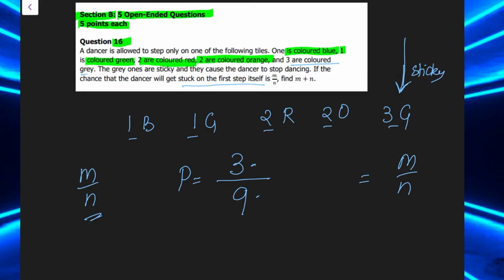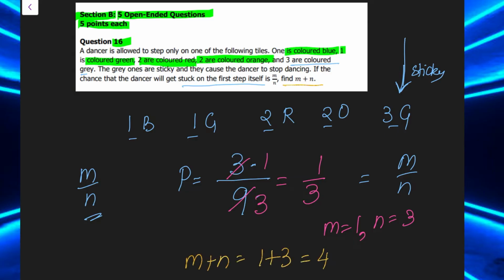Do not be tempted to do 9 plus 3, because we can always solve it further. So we can divide this by 3, this is 1, divide this by 3, this is 3, and this is the fraction in its simplest form. So that means m equals 1, n equals 3. And now looking at the question, find m plus n equals 1 plus 3, which is 4. So the answer is 0004. This is our answer.